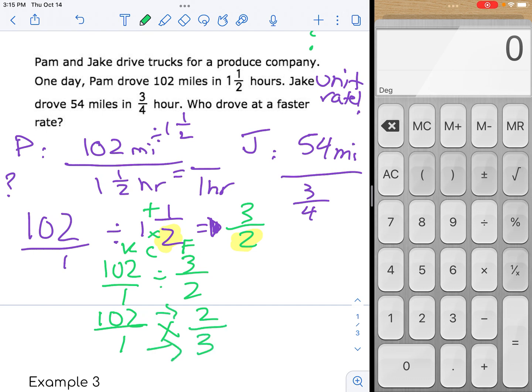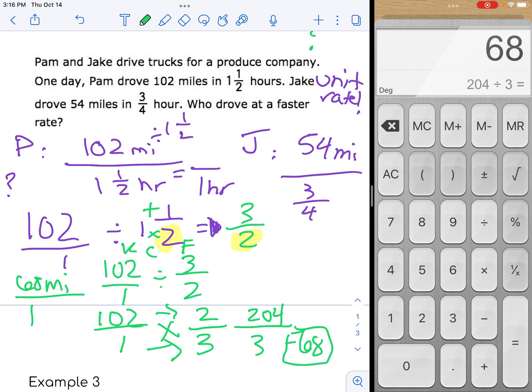Top times top, bottom times bottom. 102 times 2 is 204. 1 times 3 is 3. We actually need to simplify this though. So 204 divided by 3 is going to be 68. So Pam is driving 68 miles per hour, or for 1 hour.